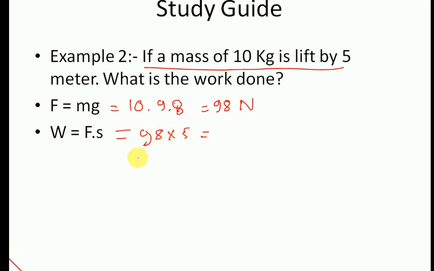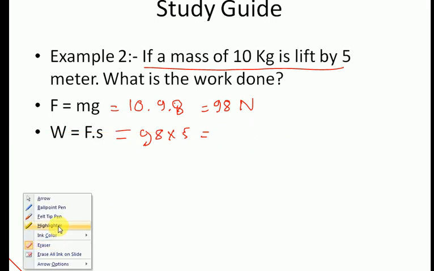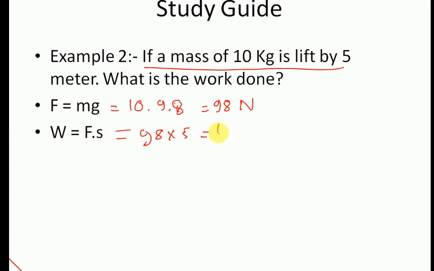How much will it be? 2 is less than 100, so 490 is the answer. 490 joule will be the answer. Very simple problems like this will be asked in the CBT 2 exam. These questions are also very important for RRB JE and RRB AC.